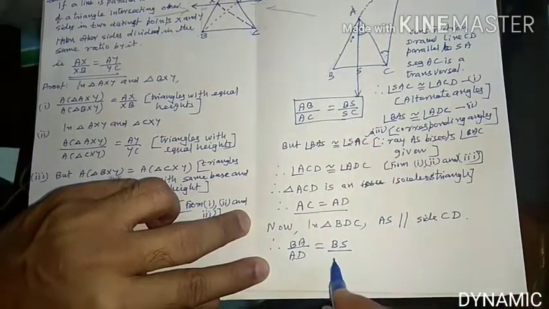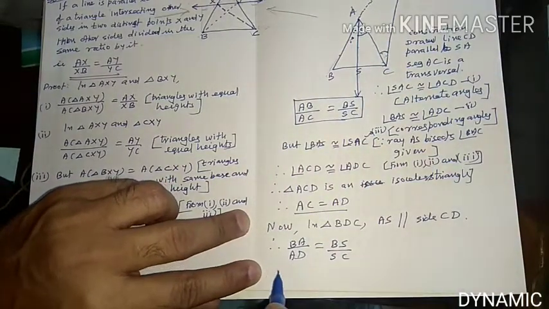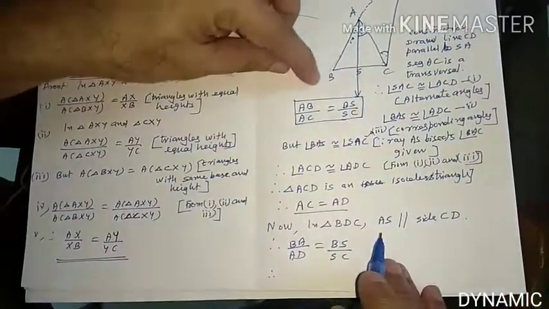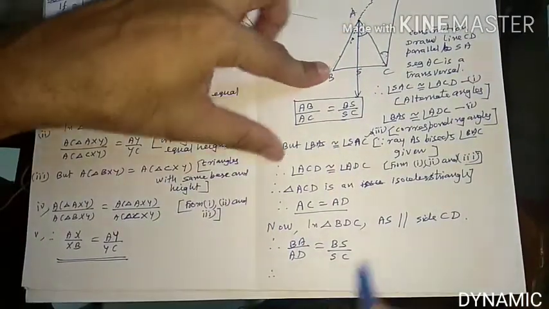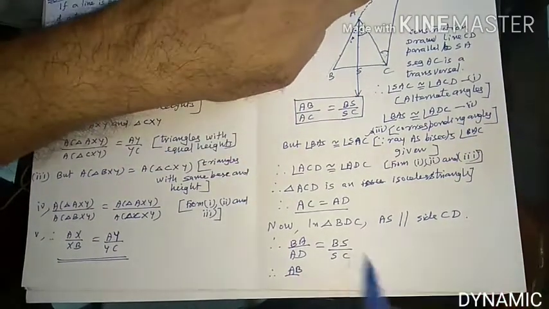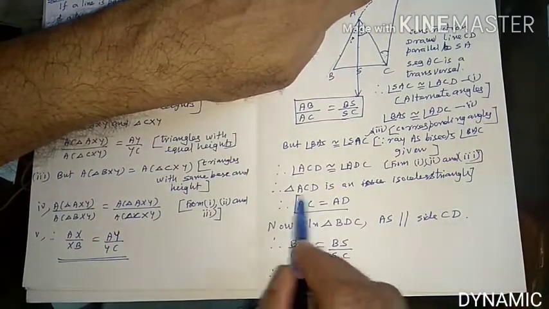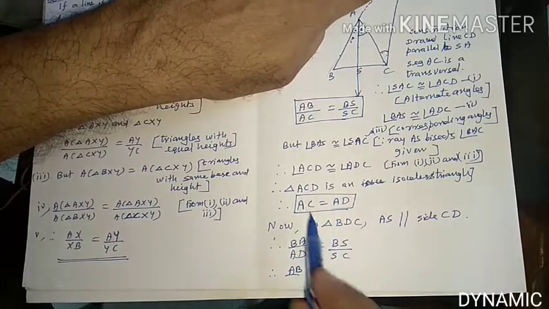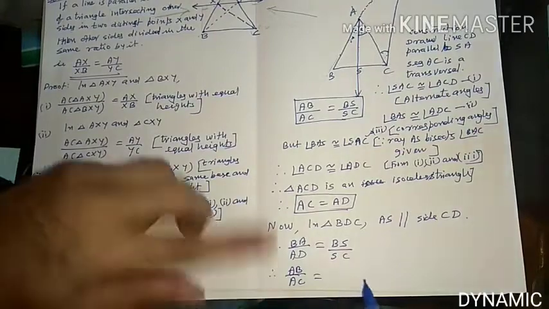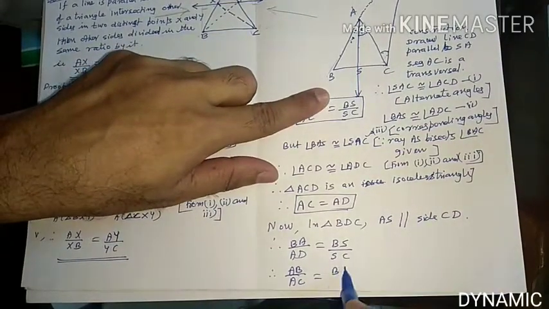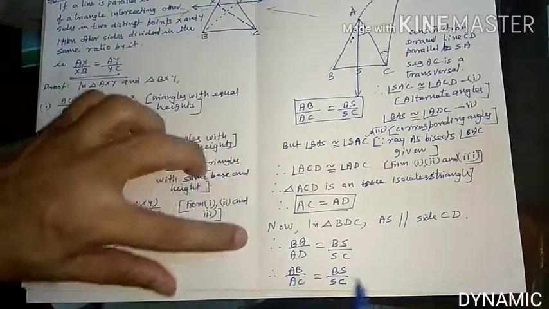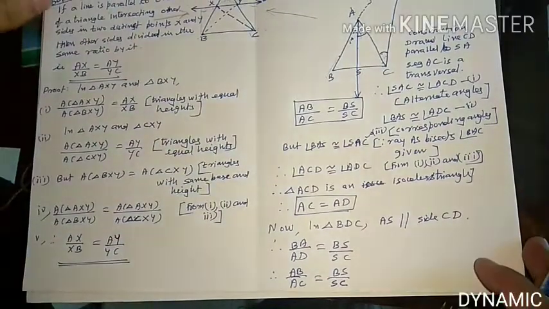BA is the same as AB. Now AD becomes AC, that you put here. This is AC now, and this part BS upon SC. This is what you are getting.